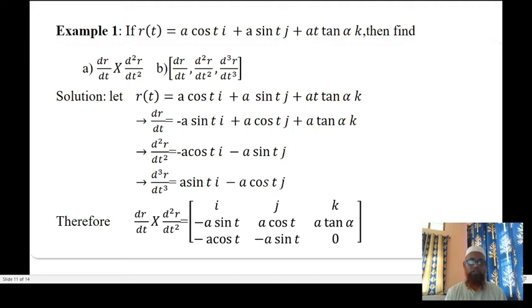So solution: the given vector function is r(t) equals a cos t i plus a sin t j plus a t tan alpha k.